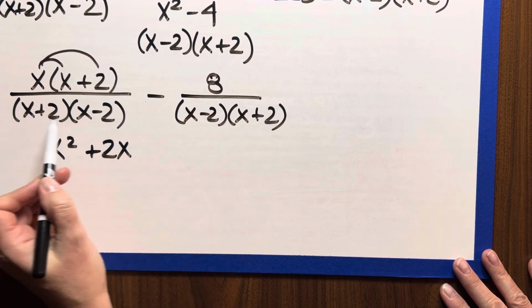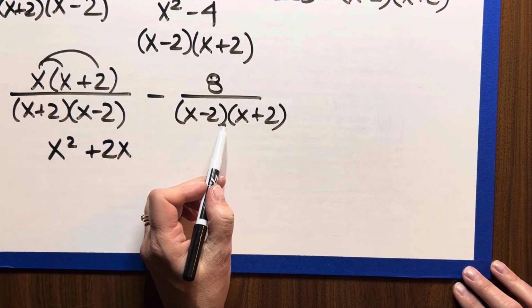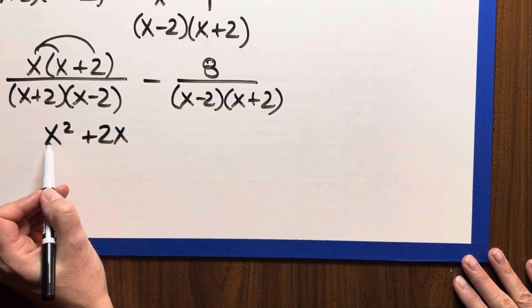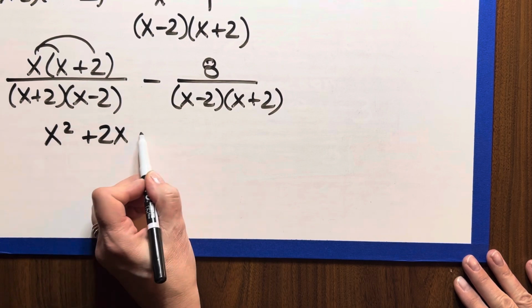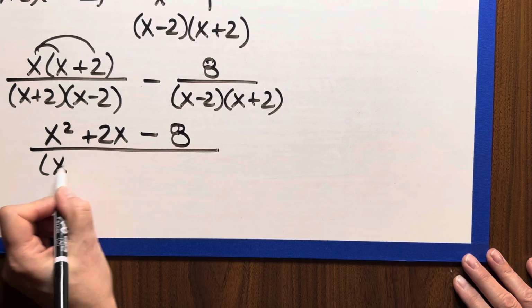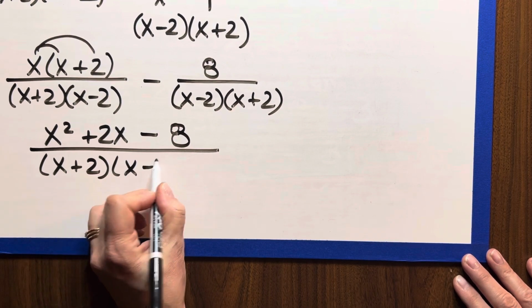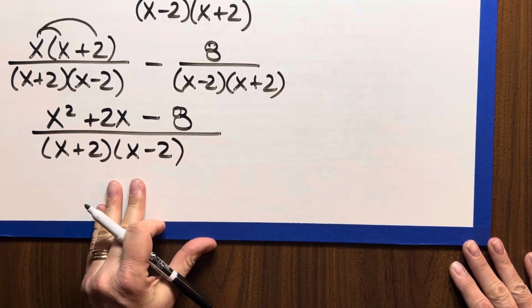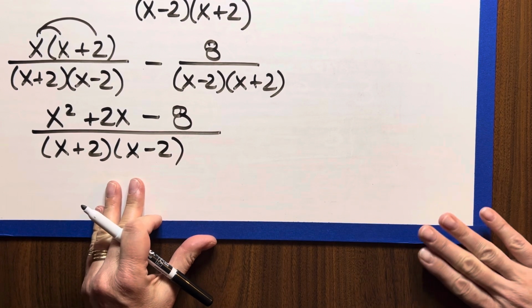And since I have the same denominator, I can combine these now into one fraction. So I'll have x squared plus 2x and then take away my 8. And in the denominator, this is my new common denominator. I can just write it as one fraction.